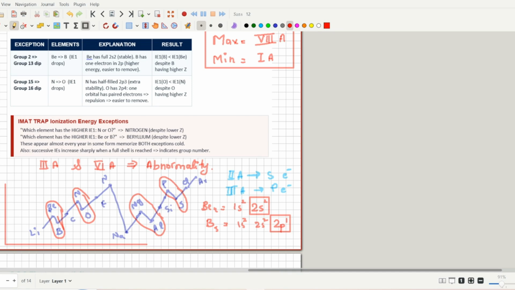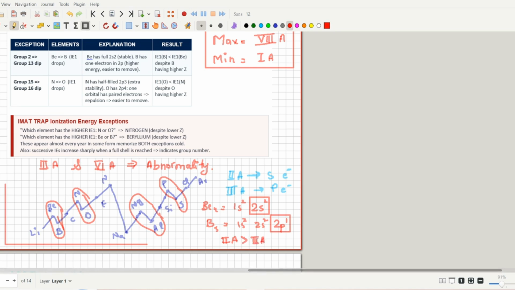So that's the reason in the graph that 2A has higher ionization energy than 3A elements. Let me write it down for you: 2A is greater than 3A.